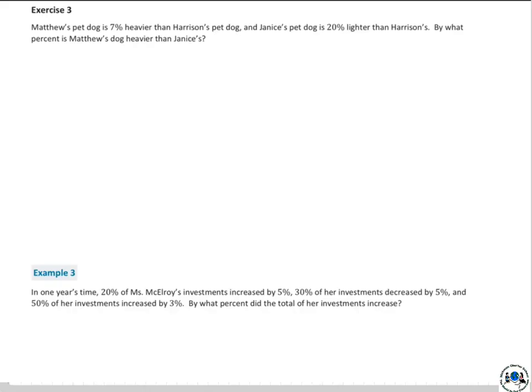This problem is going to be very similar, except that we're going to use some little doggies. Matthew's pet dog is 7% heavier than Harrison's pet dog, and Janice's pet dog is 20% lighter than Harrison's. Again, we can get a pretty clear idea as to which of these dogs is going to be the point of reference.